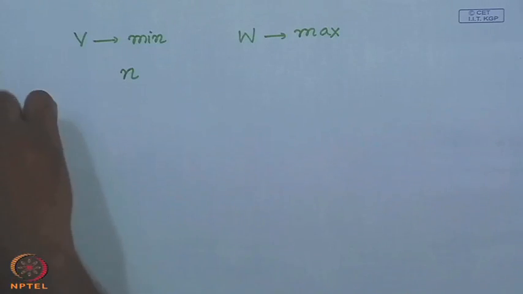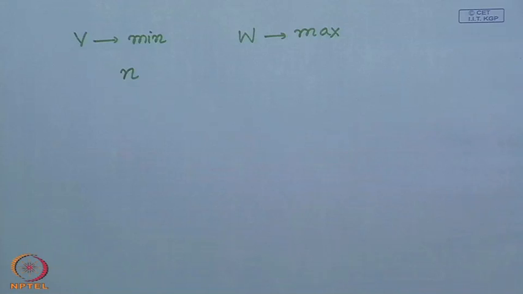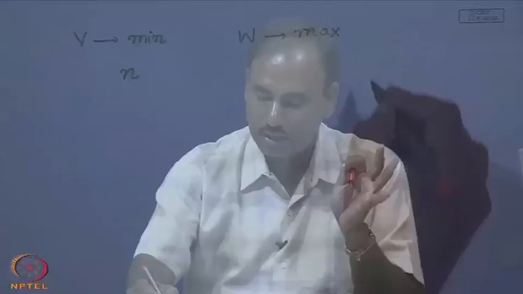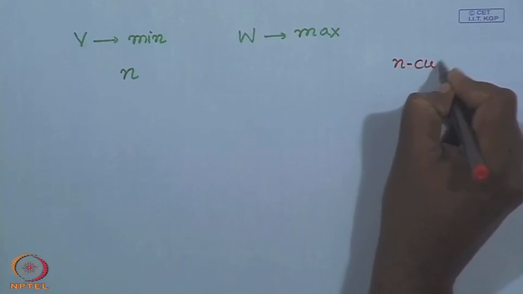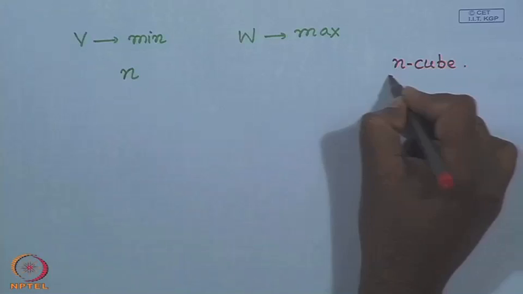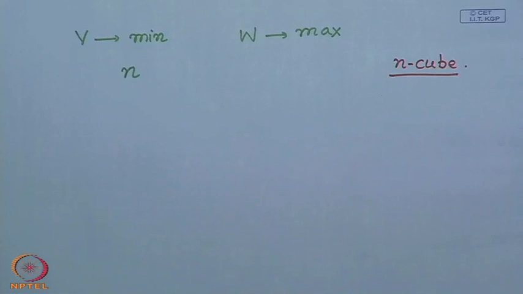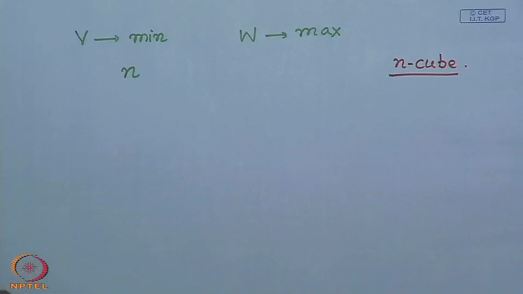And incidentally, let me mention that a hypercube in n dimensional space is actually called an n cube. Similarly, a hyperparallelogram in n dimensional space will be called an n hyperparallelogram. So, these are the terms that we use.